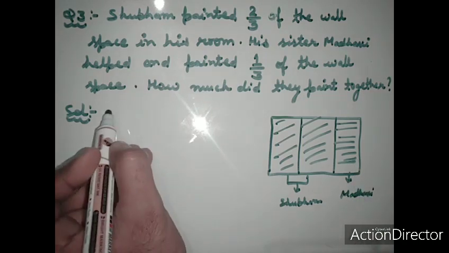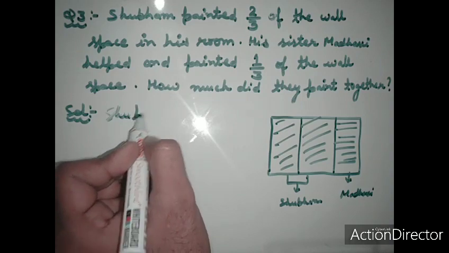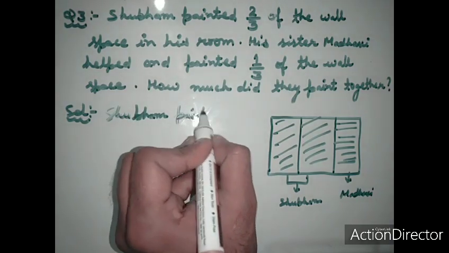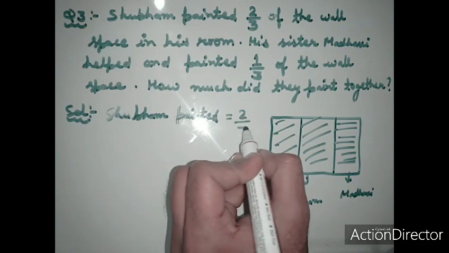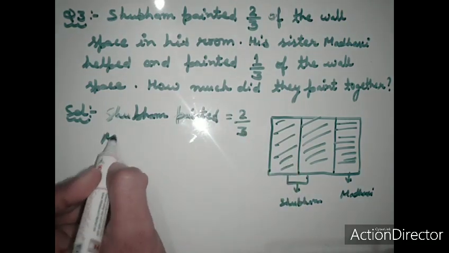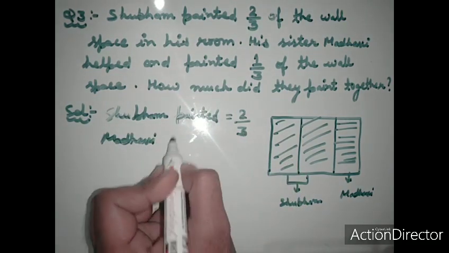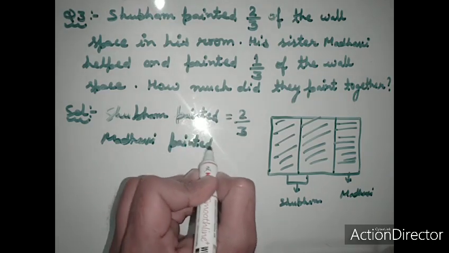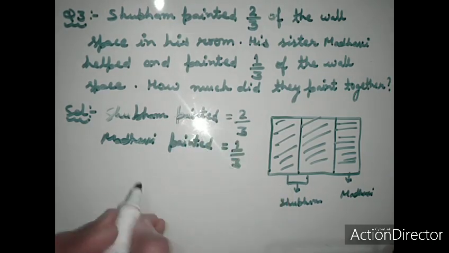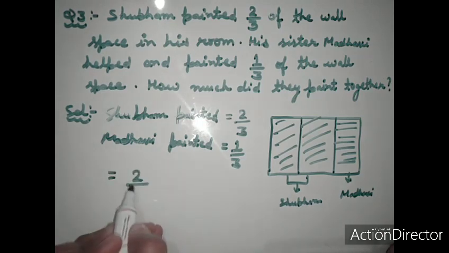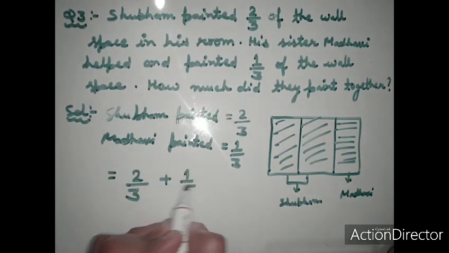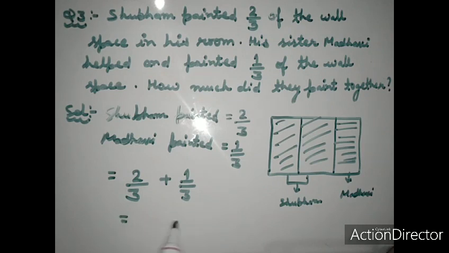So here we write Shubham painted 2 upon 3 part of the wall and Madhavi painted 1 upon 3 of the wall. And after that, when we add these both fraction numbers, 2 upon 3 plus 1 upon 3, if we take 3 as a common denominator, after that we add 2 plus 1, and here we get 3 upon 3. 3 ones are 3, 3 ones are 3, here we get 1.